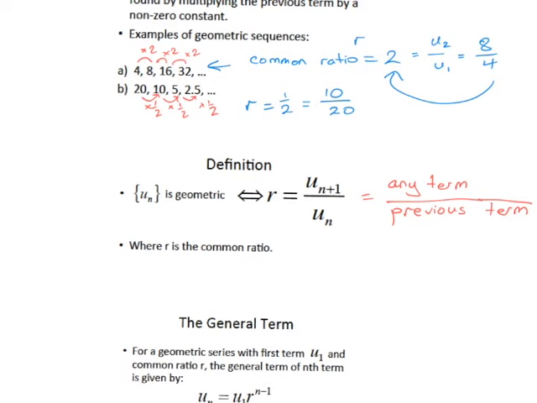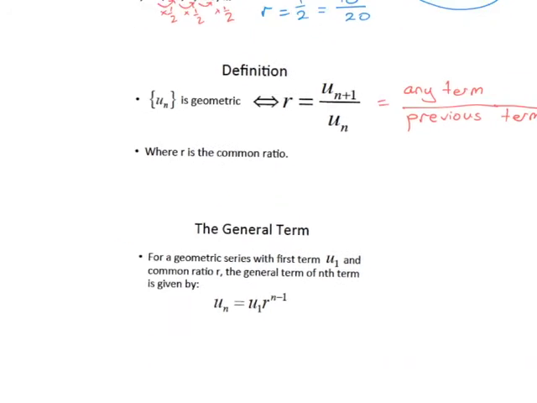That's the difference. Any term divided by the previous term, not the next term, the one before. And that's what we did in our examples. Where R is called the common ratio. And it's common because it should work for every pair in the sequence, otherwise it won't be a geometric sequence.